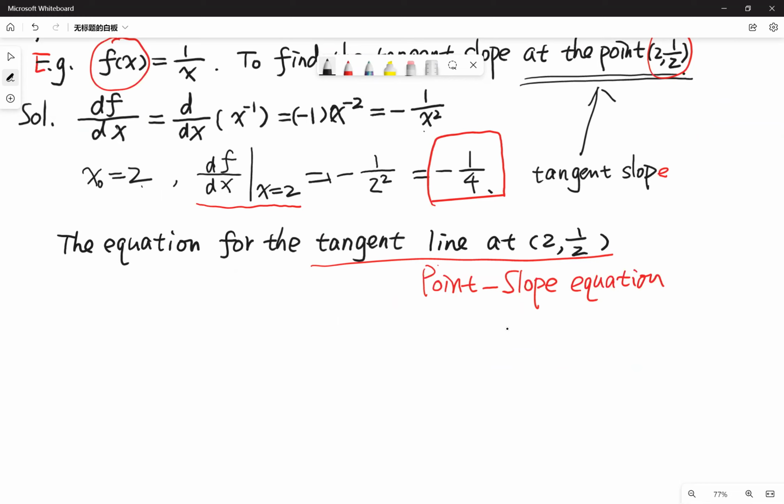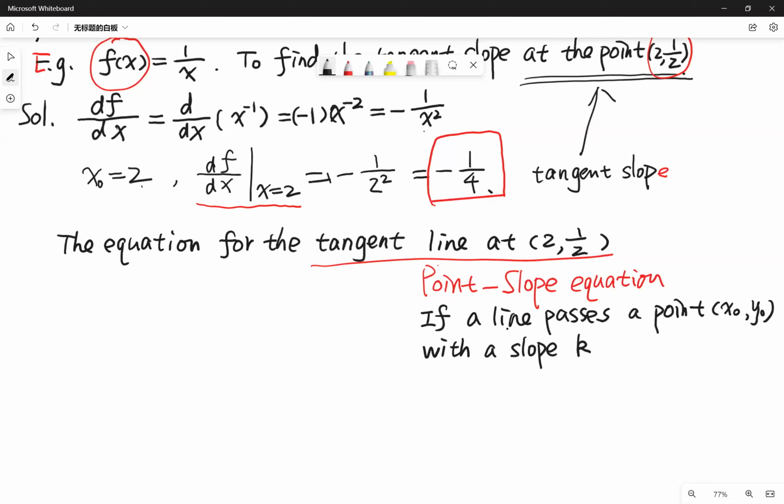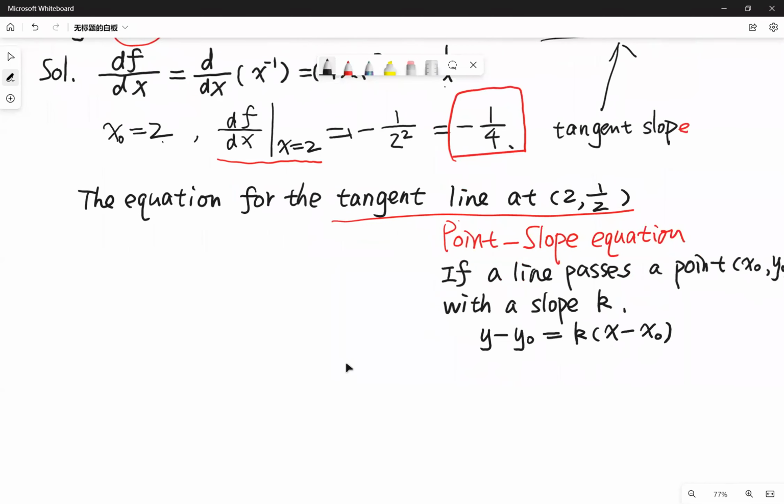If we know a line passes a point (x0, y0) with a slope k, then we can represent the equation of the line as y minus y0 equals k times (x minus x0). This is the point-slope equation.